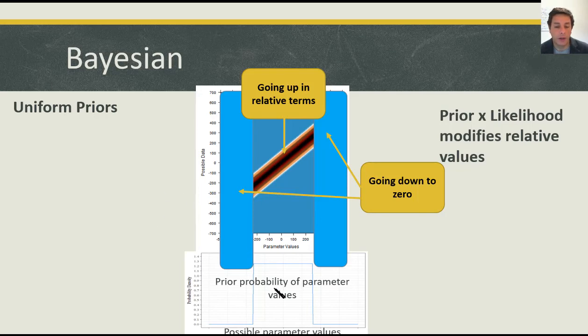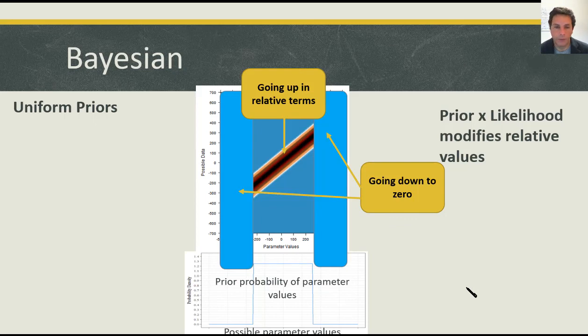So when I multiply this prior by the probabilities to generate the likelihood, these values here become 0, because we are multiplying by 0. And values here also become 0 because we are multiplying by 0. And these values are relatively going up relative to the values that went to 0, obviously, but between themselves they remain the same because they are multiplied by the same value.